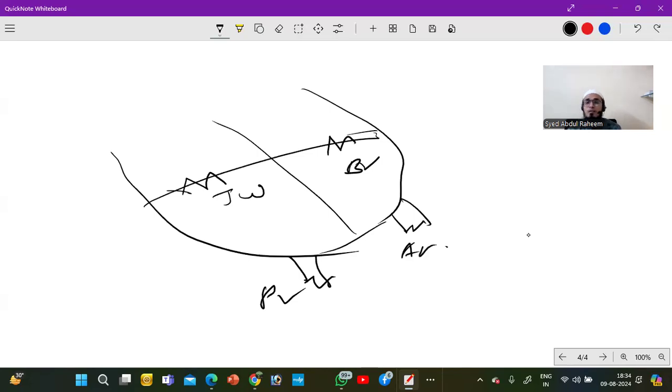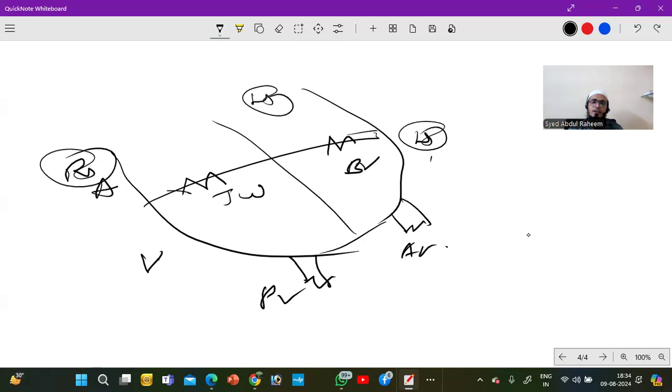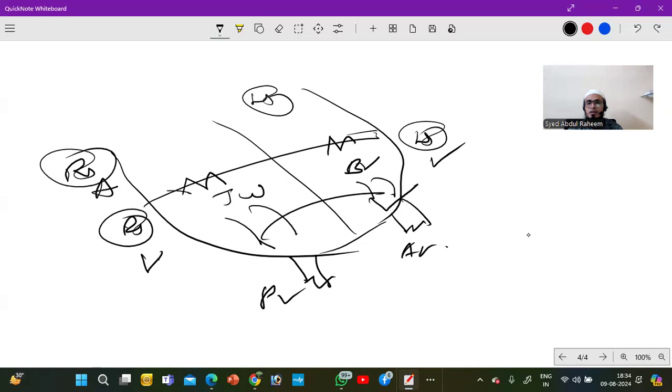These valves prevent blood from entering into the other chambers. While the atria and ventricles contract, the blood goes forward, from this side to the lungs, from this side to the aorta, to the body.